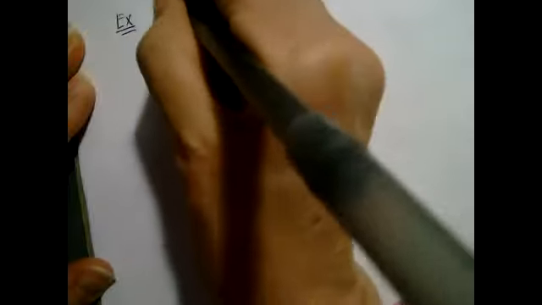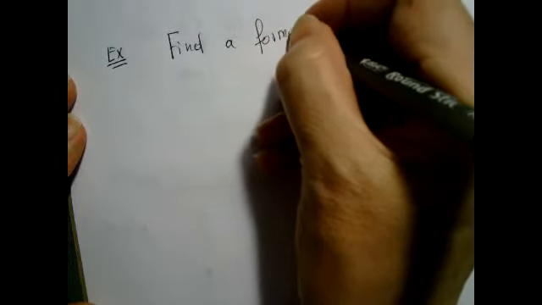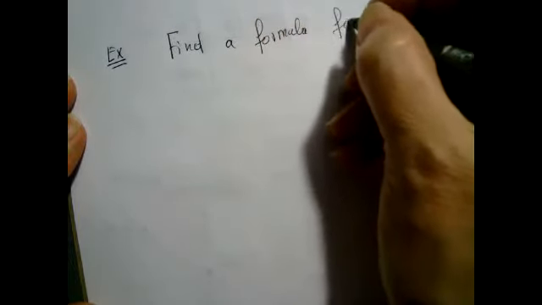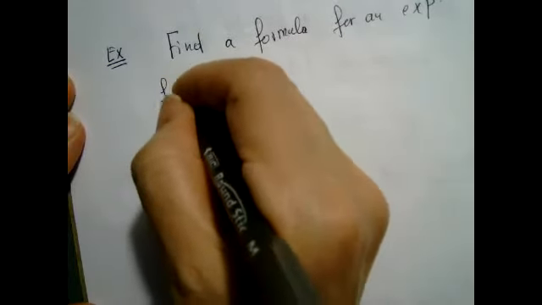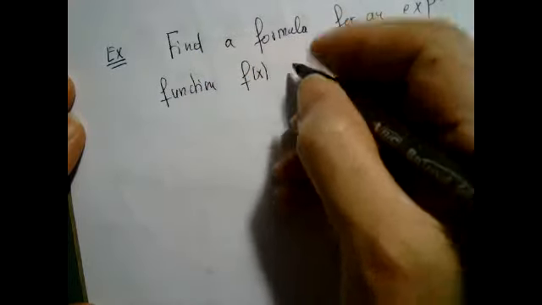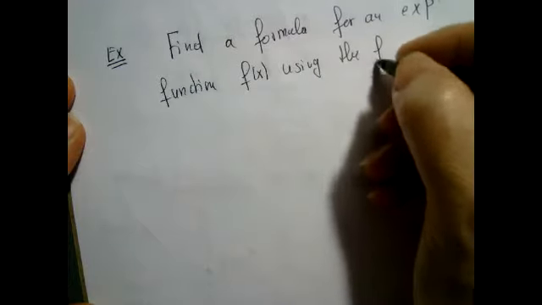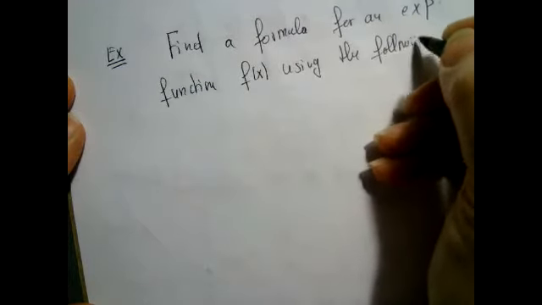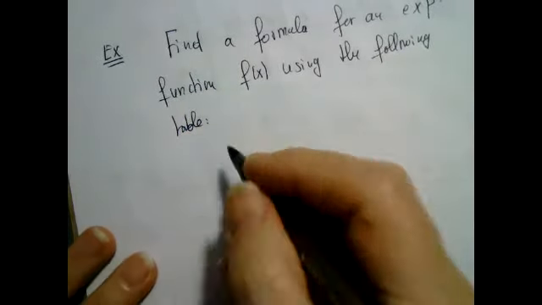So example number 2: find a formula for an exponential function f of x using the following table. It means I'm going to give you two values and you have to give me the formula.